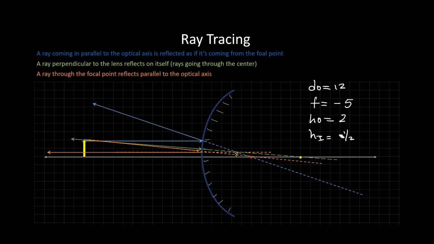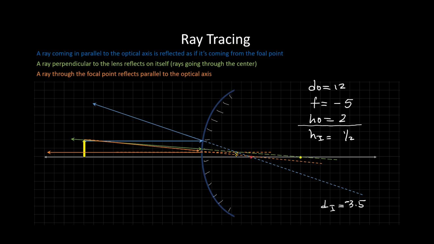And again, these are the results. It looks like d_i is 3.5 units, and it's negative because it's on the other side of the mirror.